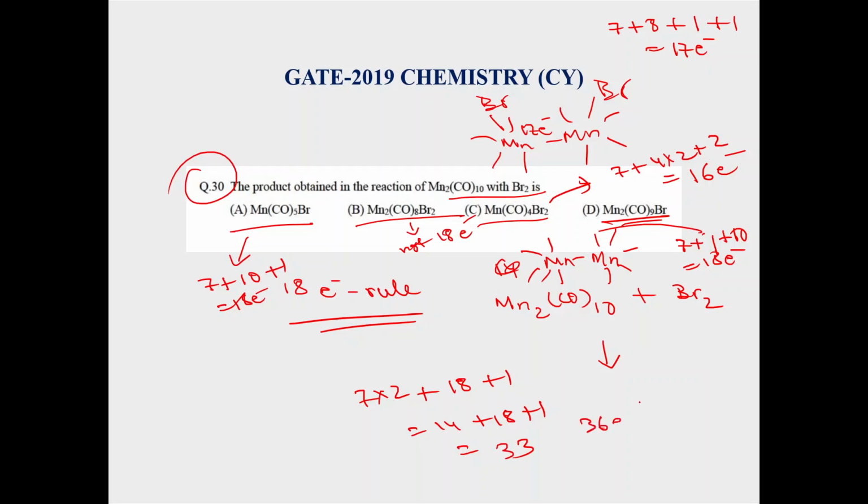This is not 36 electrons. If both manganese were 18 electrons, it should be a 36 electron complex, but that is not the case. So among the given options, only option A is the product which has 18 electrons. That's why option A is the correct option.